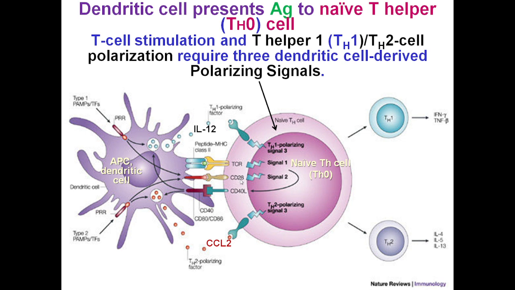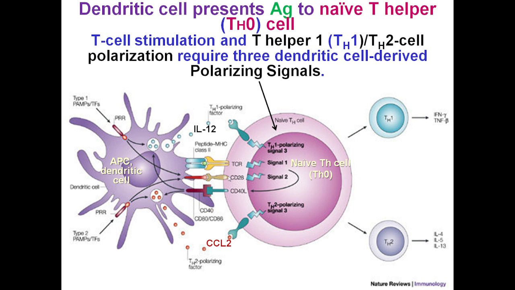The CD28 receptor at this moment interacts with the CD80 and CD86 receptors on the surface of the antigen presenting cell. And in the second co-receptor interaction, the CD40 ligand receptor of the naive T helper cell interacts with the CD40 receptor of the antigen presenting cell.